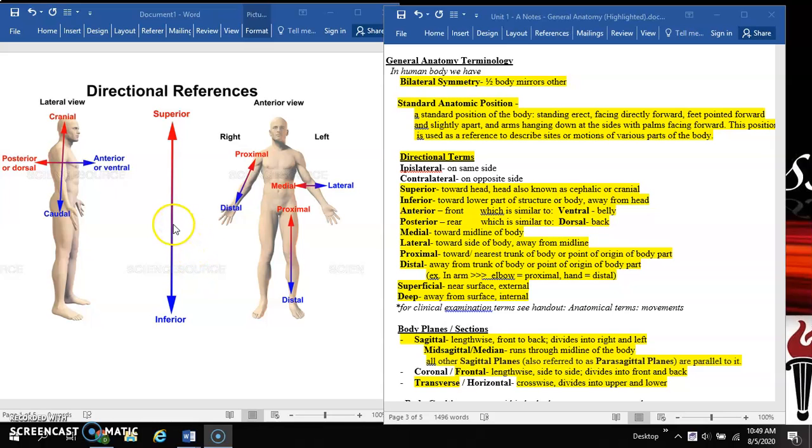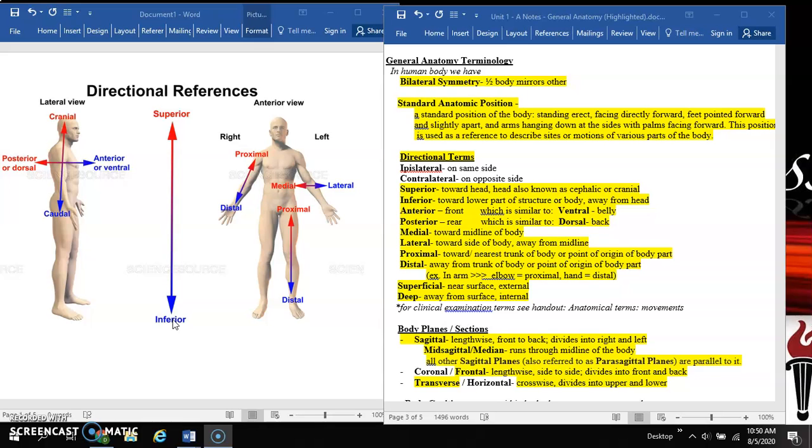Superior is the upper or the top. Inferior refers to the lower or the bottom. Since a human is an upright individual, in standard anatomical position, superior would be toward the top of the head. Inferior would be toward the bottom of the feet. That can apply to the human body.